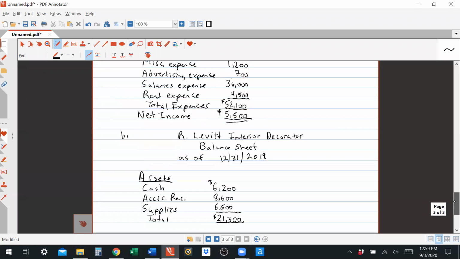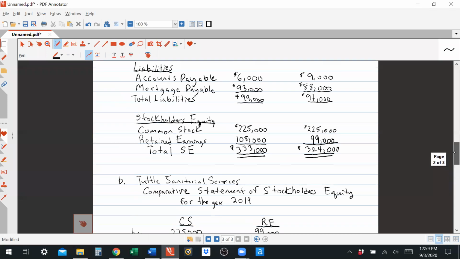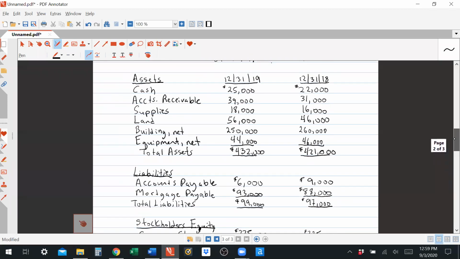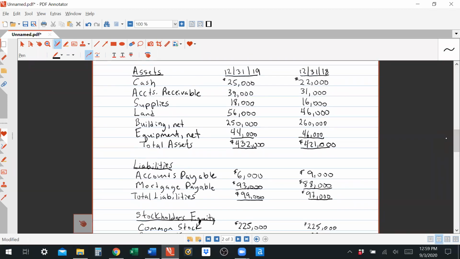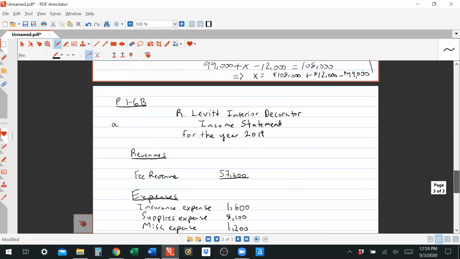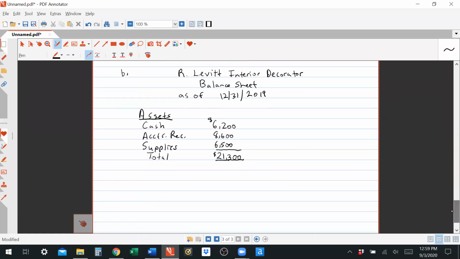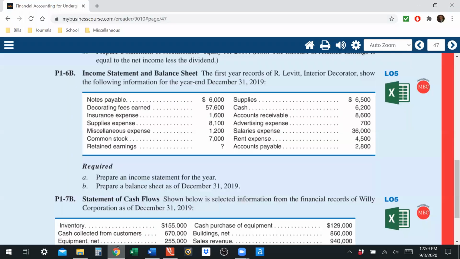So this is one way to do the balance sheet like we've been doing. We just do it vertically like this. Another way to do it is to put the assets on one side and then the liabilities and the owner's equity over here on this side, horizontally. Either way is fine. I'm going to keep doing it vertically though. But if you see in the book, they do it both ways, so I don't want you to get confused.